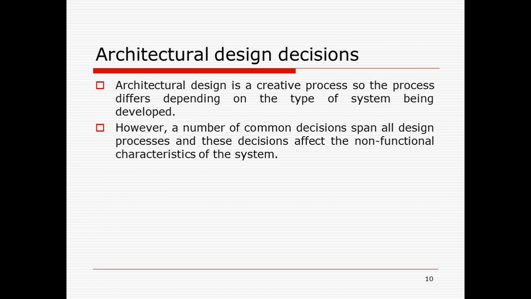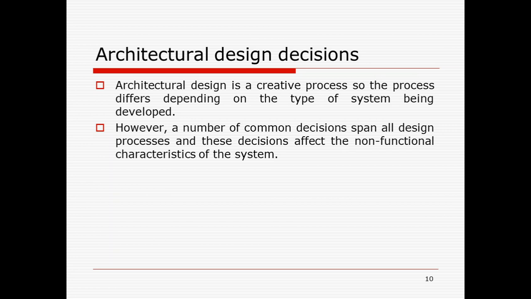Even though the architectural design can differ from one architecture to another, some design decisions can be common irrespective of the architecture being created. And these design decisions of course control or affect the non-functional characteristics of the system.